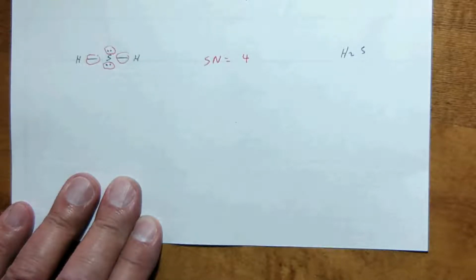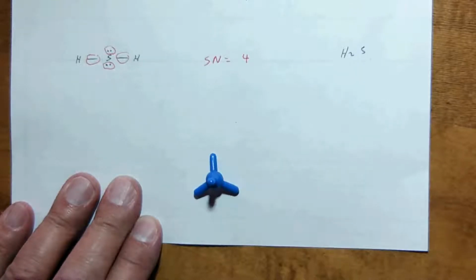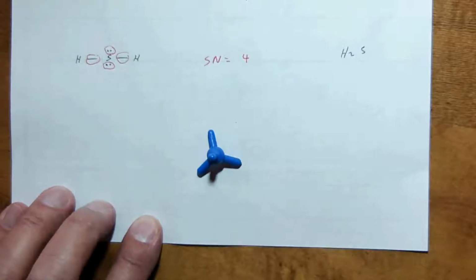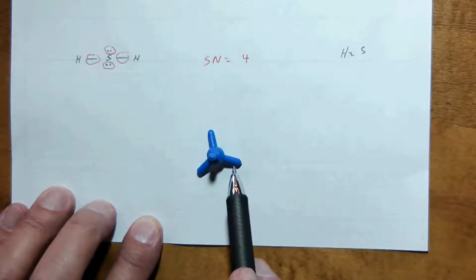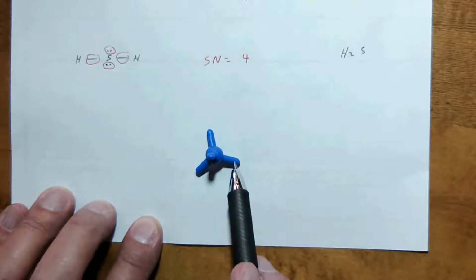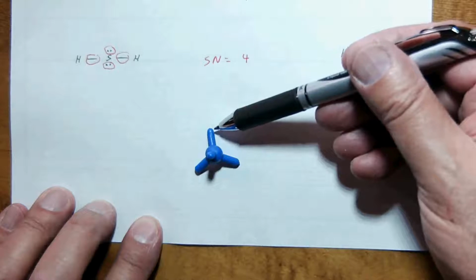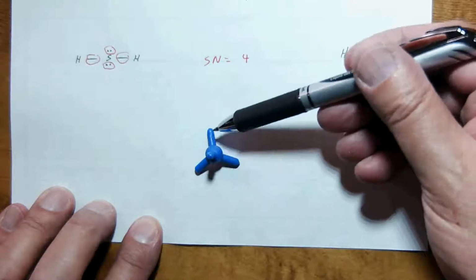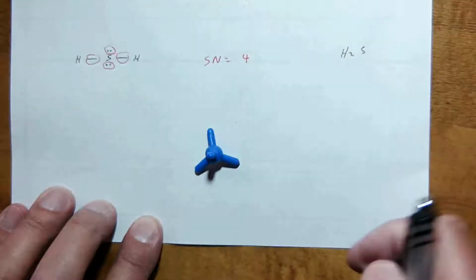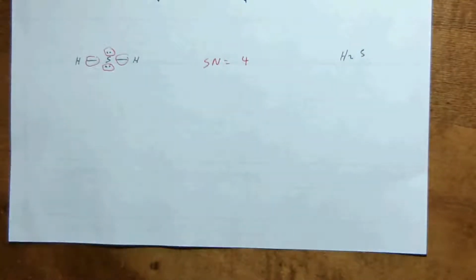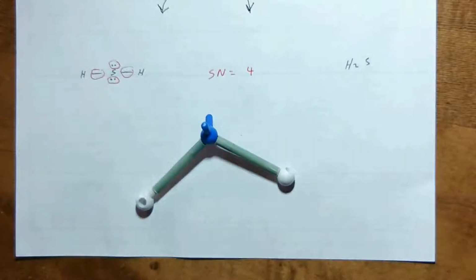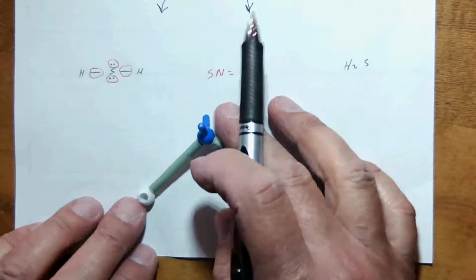So when I go to build it, I have to build it based on that tetrahedral shape. Now, 2 of these things are going to get used for bonds. The other 2 will remain as dot dots, just lone pairs. So if I build that, we'll end up with that. There we go.